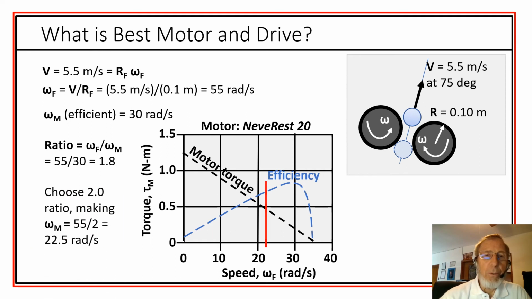Let's say we chose to have a gear ratio of 2 and not 1.8, which will then give us a motor rotational speed of 22.5 radians per second, and our performance indicated by that red line, getting us still relatively good efficiency, but operating at 22.5 radians per second and giving us the rim velocity speed that we need for launching the ball.